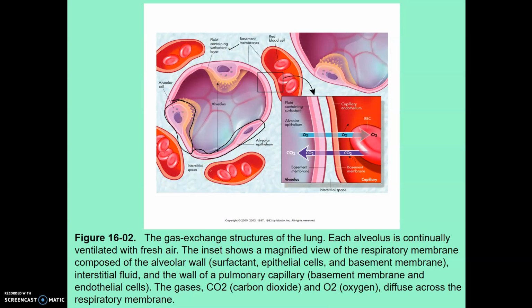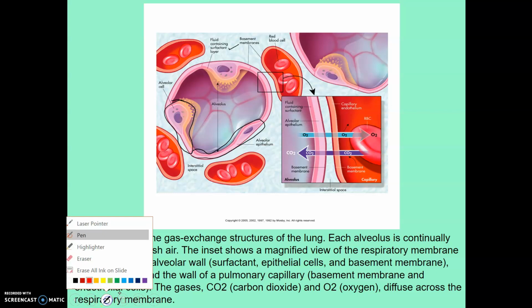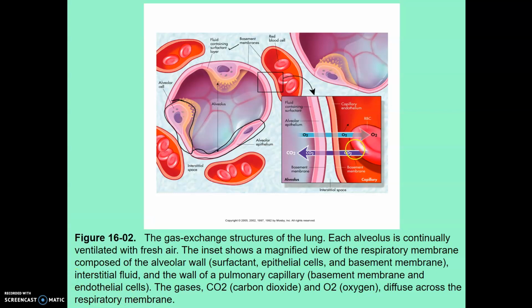So what's happening here is oxygen and CO2 diffuse down their concentration gradients. So over here inside of the blood, CO2 is high. Of course, that's not going to work for me. Let's try fluorescent green. That might work. CO2, ooh, that does work, is high. And CO2 inside the alveolus is low.